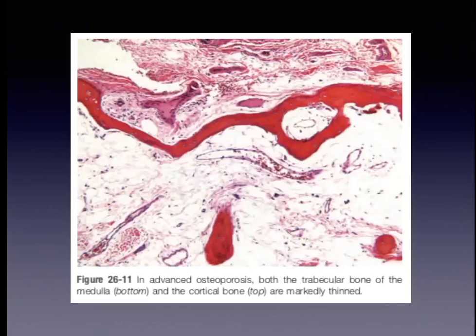The radiographic changes will not be seen until about 30 to 40% of the bone mass is lost. So sometimes we need specialized radiographic imaging techniques to measure the bone density, like quantitative computed tomography, that is a CT, to estimate the bone loss.